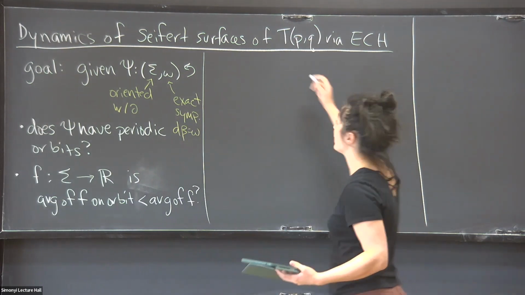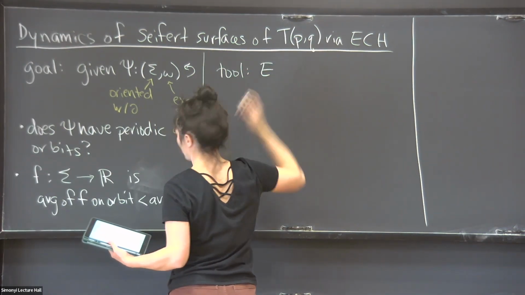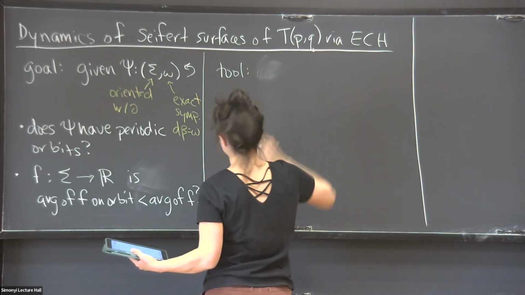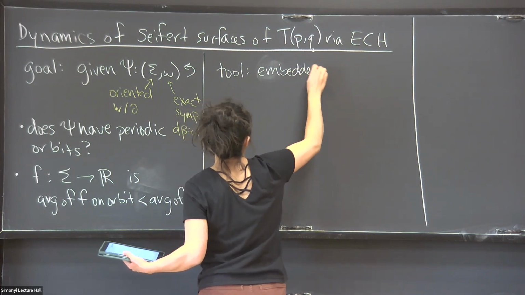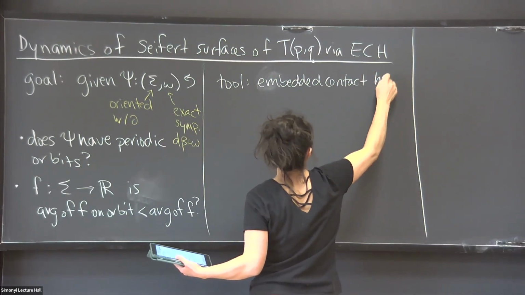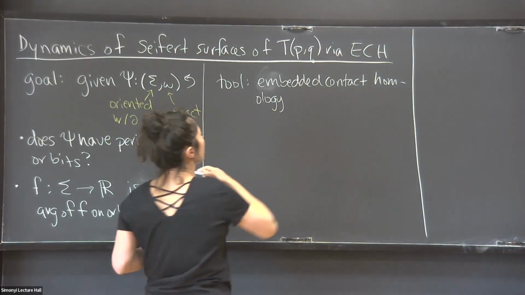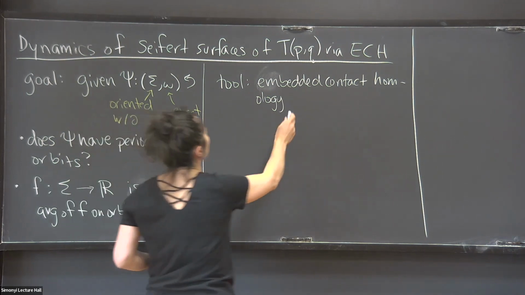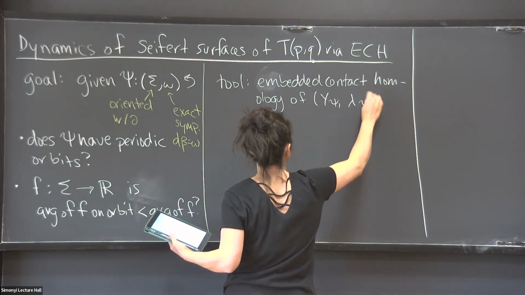Okay, so the tool I'm going to use is called embedded contact homology. I'll write it out at least once. And we'll meet this very briefly later in the talk: ECH of (Y, λ).